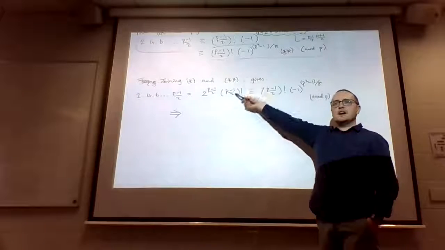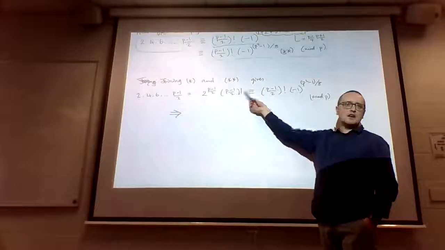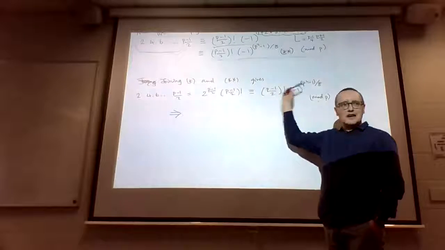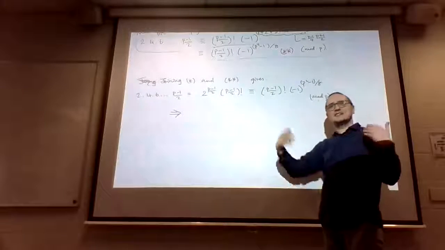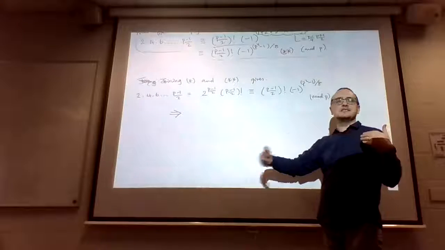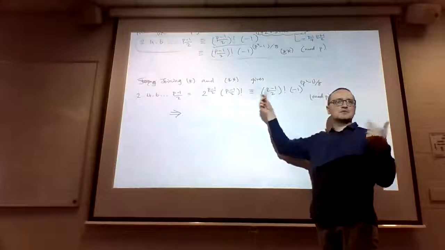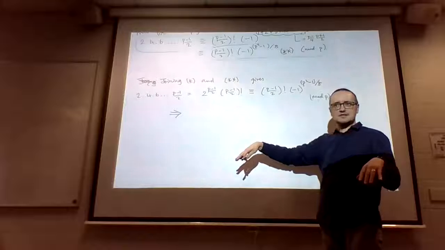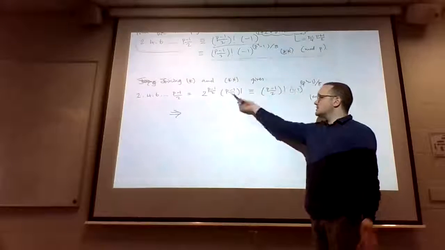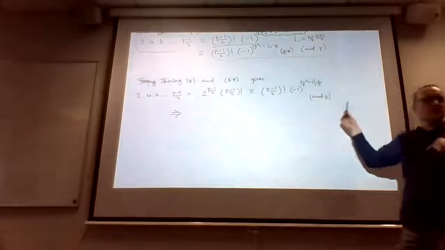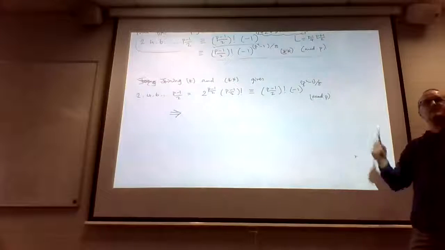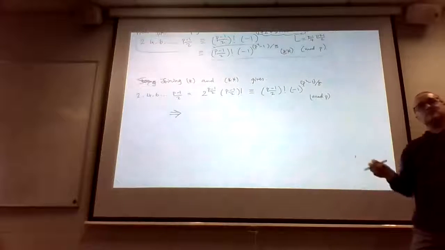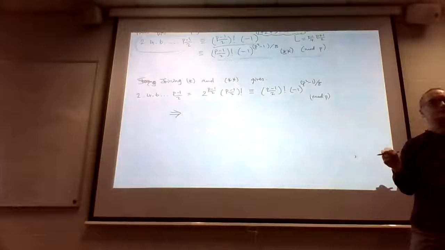So remember, if you've got two things congruent and you spot a common factor, you can cancel them provided the thing has a multiplicative inverse, because that's how the cancellation is carried out. You multiply both sides by the multiplicative inverse, and that cancels it away. Does this have a multiplicative inverse modulo p? What's the criterion for when something has a multiplicative inverse modulo something else?